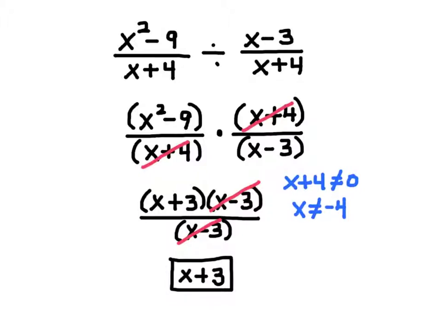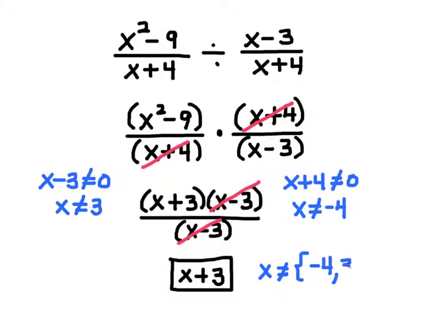They also occur when x minus 3 is equal to 0. So I would say that x minus 3 cannot equal 0, which means that x cannot equal 3. So our restrictions here in set notation are that x cannot equal -4 or 3.